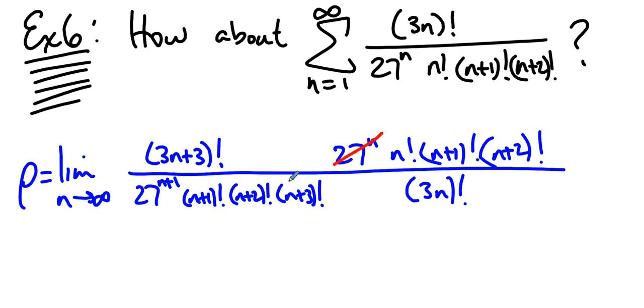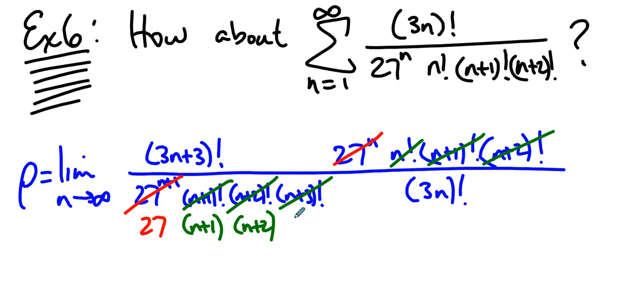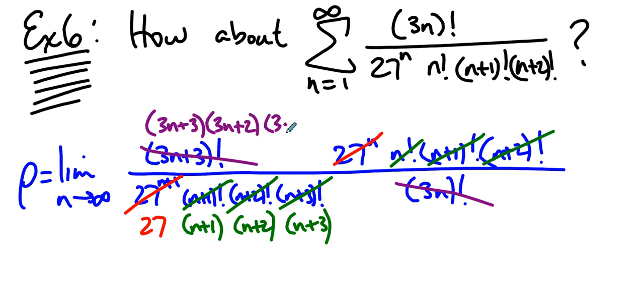Well, 27 to the n and 27 to the n plus 1 leaves behind a 27. The n factorial and the n plus 1 factorial leave behind an n plus 1. The n plus 1 factorial and the n plus 2 factorial leave behind an n plus 2. The n plus 2 factorial and n plus 3 factorial leave behind an n plus 3. The 3n factorial and the 3n plus 3 factorial leave behind 3 terms.